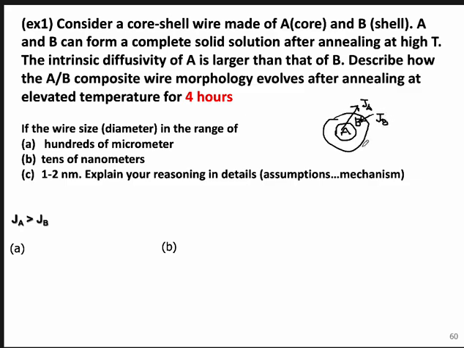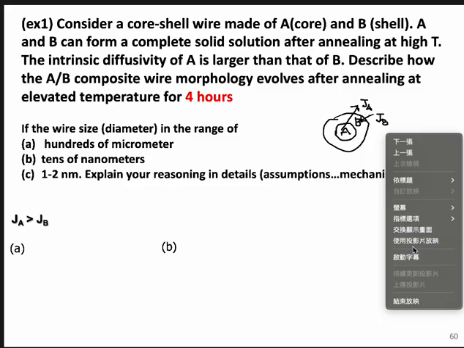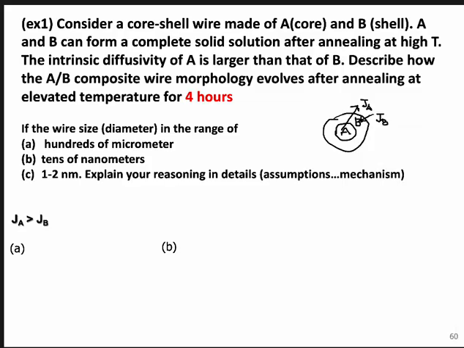Based on net flux equals 0 at any specific plane, we know that there will be a vacancy flux inward. So you will observe some vacancies in A materials as time increases. I believe you will have more and more vacancies. And here they give you 4 hours.